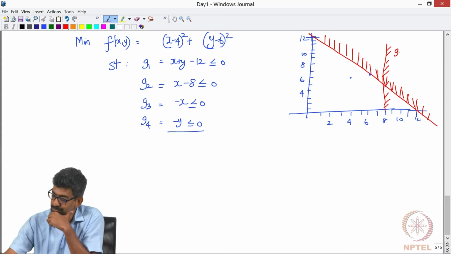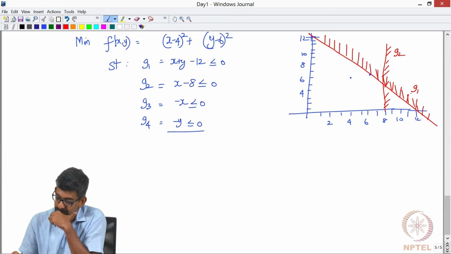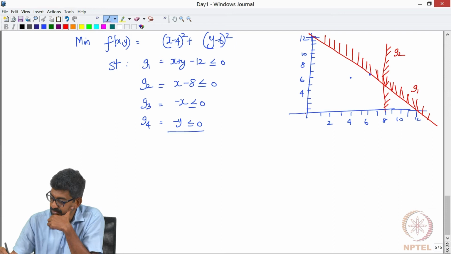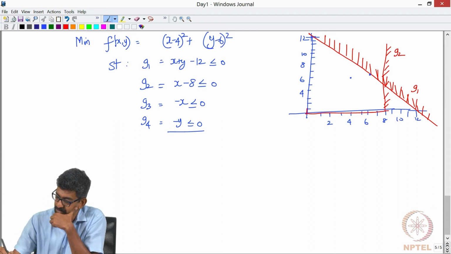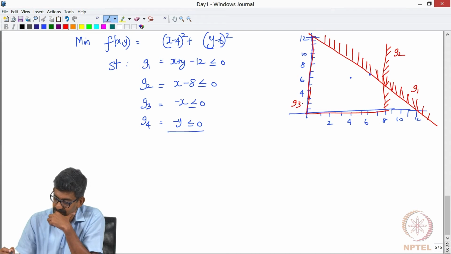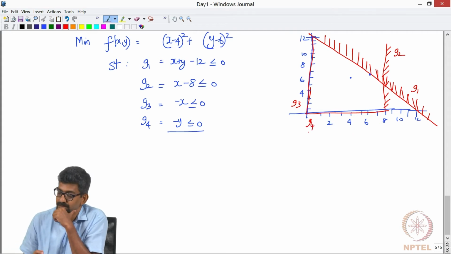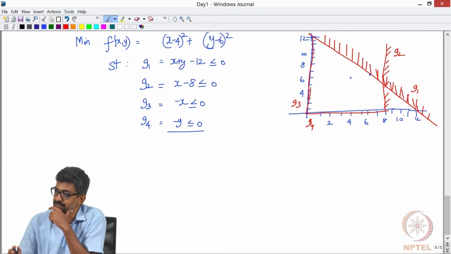Okay, this is your G2, this is your G1. Then what is your G3? This is the other one, your third constraint, which is G3, and y should be greater than 0, which is your G4.